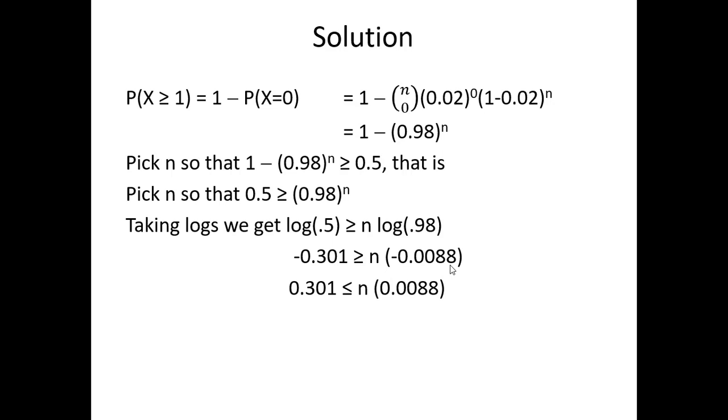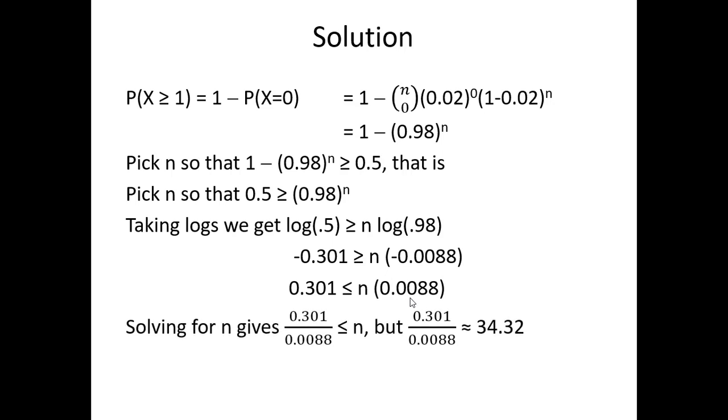Next, I'm going to multiply through by -1 to get rid of the negative signs. But remember, when I multiply an inequality through by a negative, I have to change the sign. So this becomes 0.301 less than or equal to n times 0.0088.